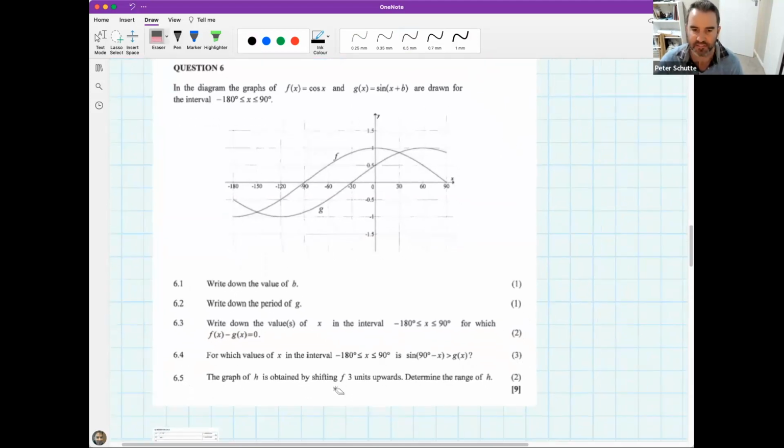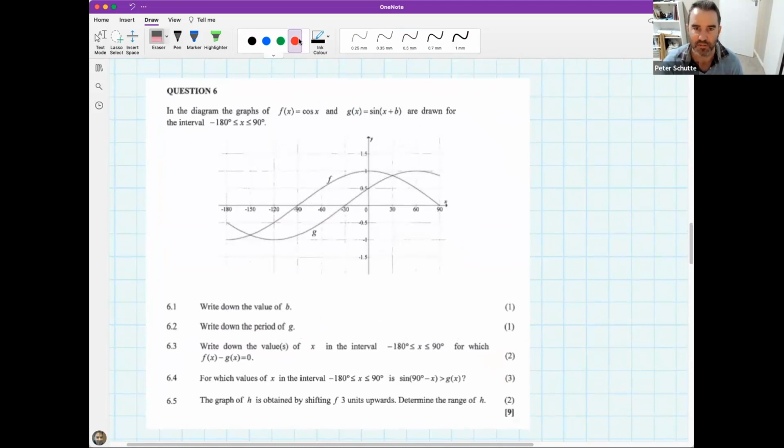Write down the value of x in the interval minus 180 to 90. Now, first of all, let's just see where minus 180 to 90 is. So minus 180 to 90 is just the strip of domain here that is shown on the graph. And they want to know for what pieces of this x-axis this statement is going to be true.